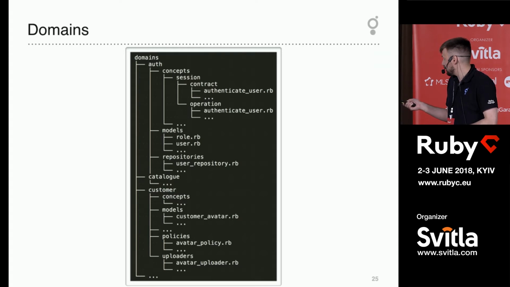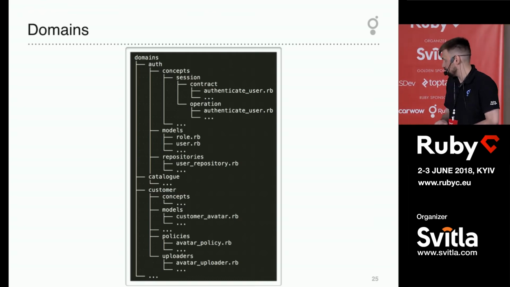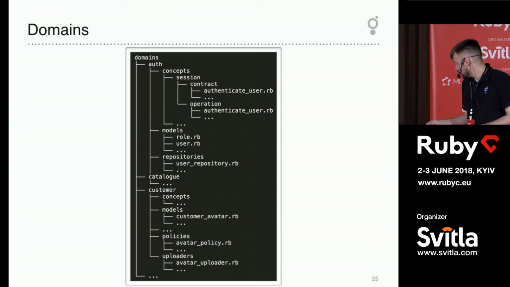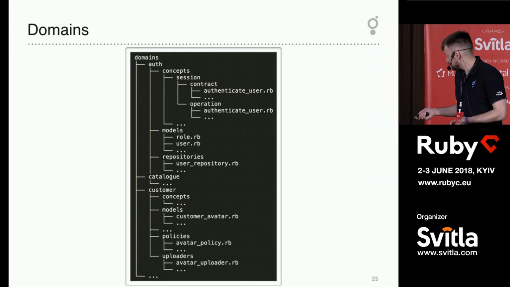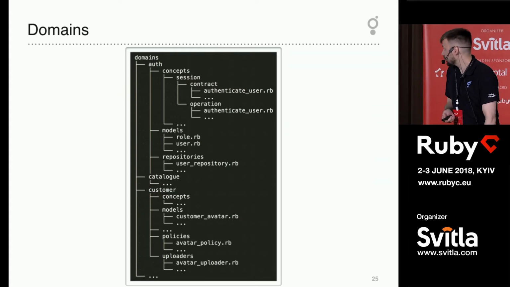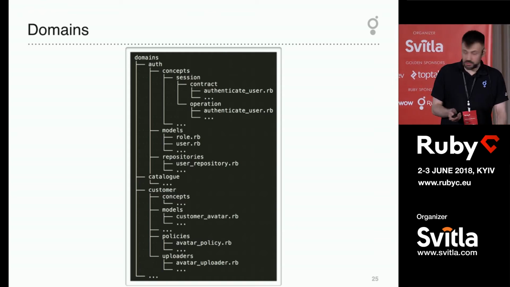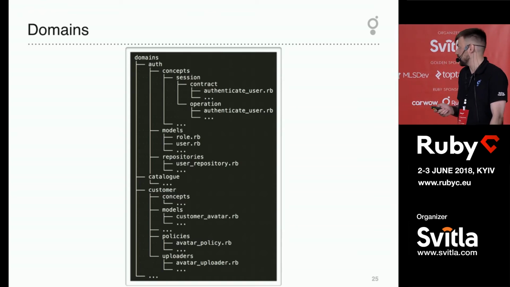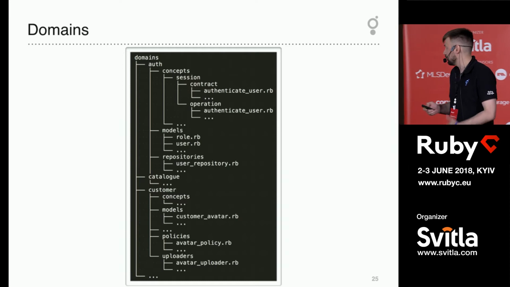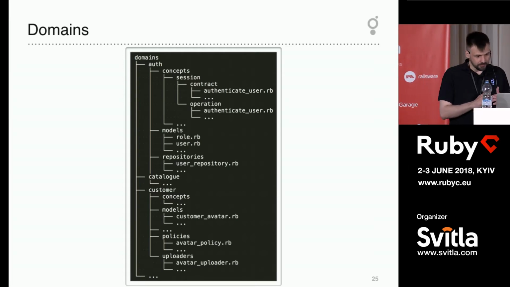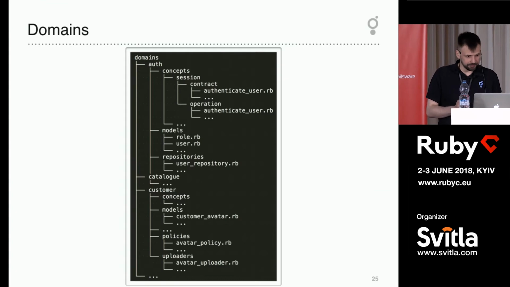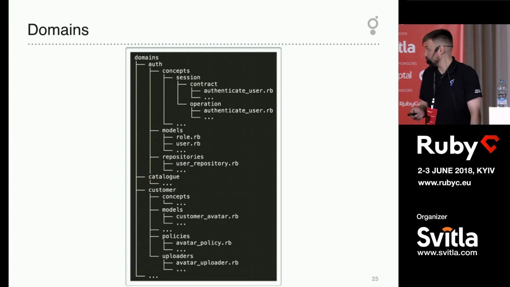And we have a repository, which we use to communicate with database storages. We could also have uploaders and policy. This is all the stuff inside of our domain logic, and it should be separated from application logic.